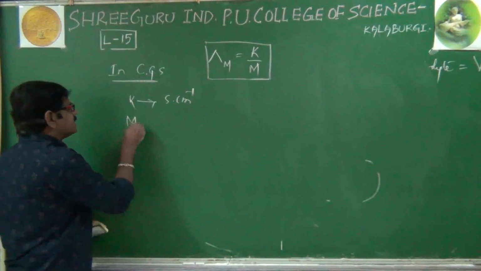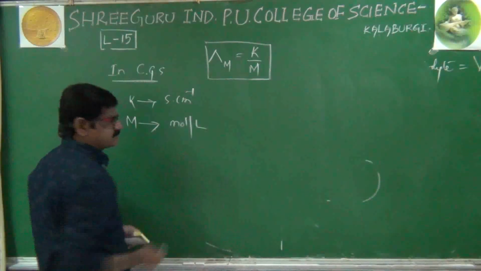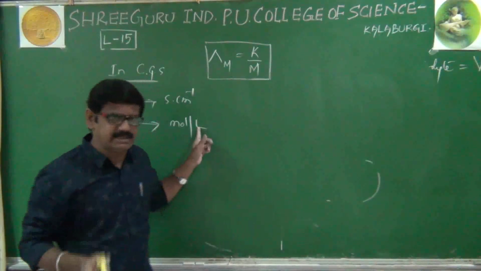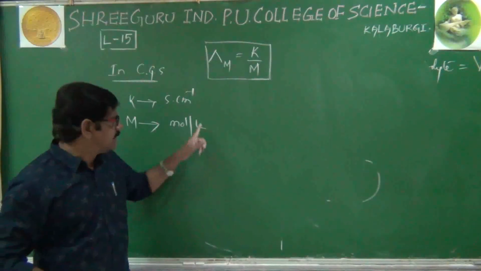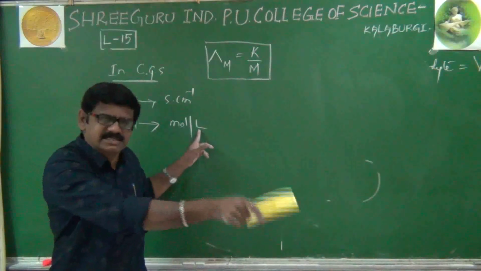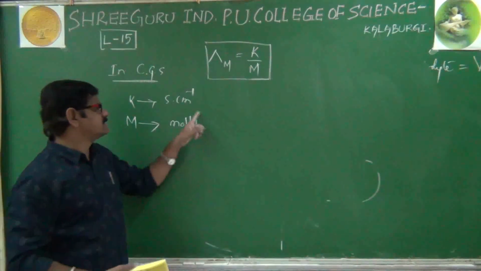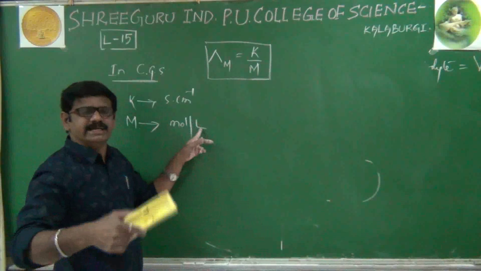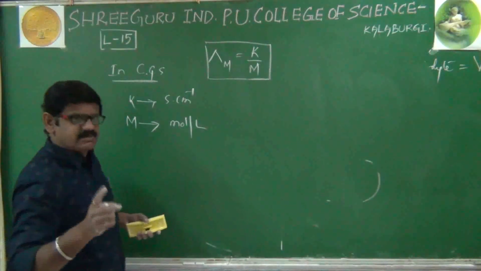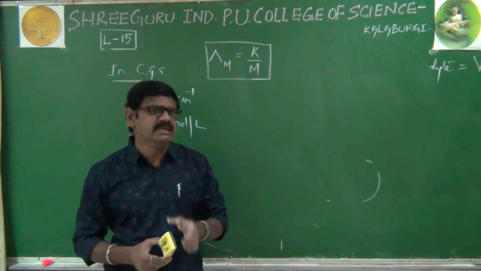Then molarity. Molarity units are mole per liter. Here the very important point is, as far as volume is concerned, liter is neither a CGS unit nor an SI unit. That's why this liter also will be converted into the CGS system. Then what is the CGS unit of volume? That is centimeter cube, nothing but milliliters.